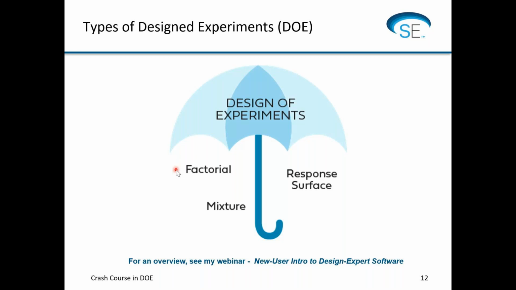If you have any familiarity with DOE at all, it might be factorial designs that you're familiar with, or if your managers or instructors have brought focus to use a DOE, it may very well have been a factorial design that was being thought about. However, the mathematicians have been busy in the past century, and there are all kinds of different designs that are now available for different purposes.